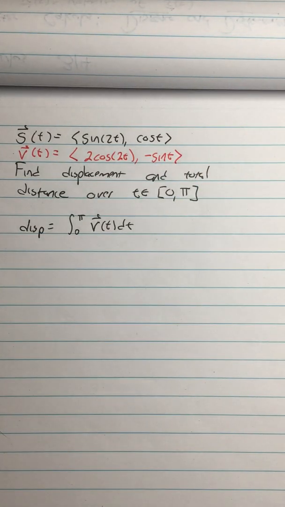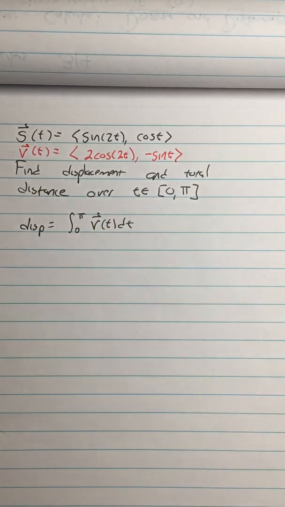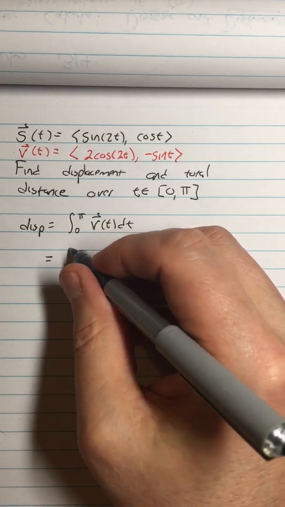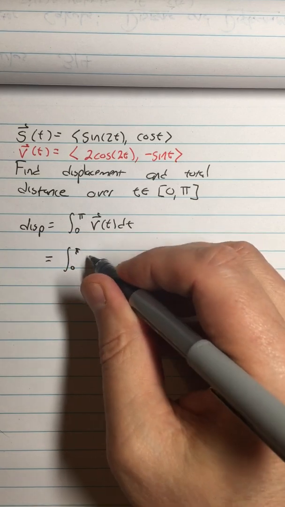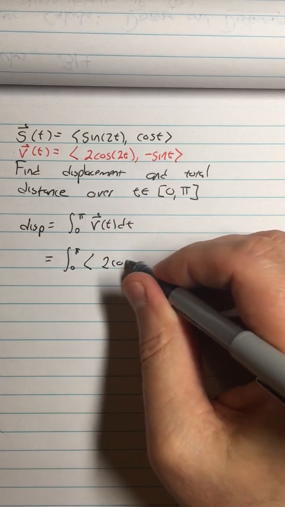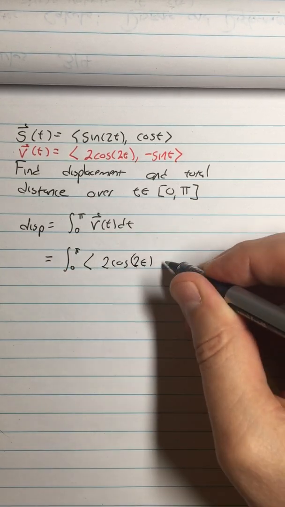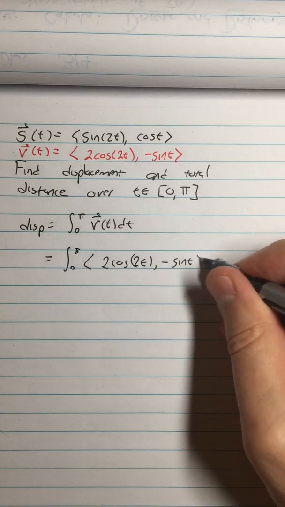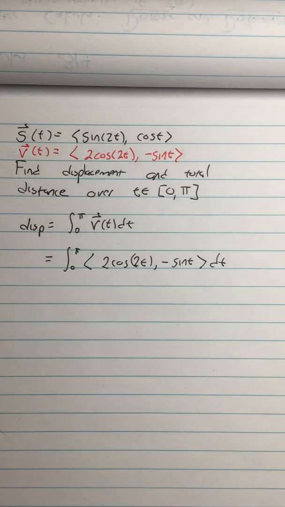There you go. That's the velocity function. Now I can use that in here. So my displacement is the integral from 0 to pi of the vector 2 cosine of 2t, negative sine of t, dt.